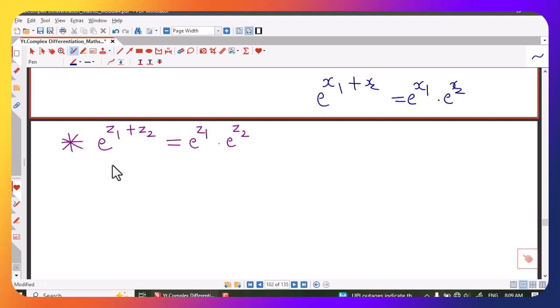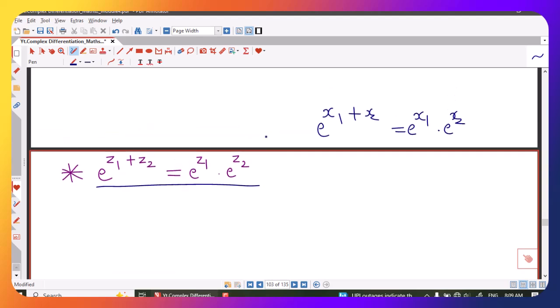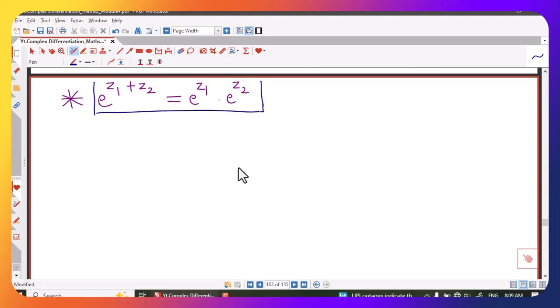So in complex analysis also a similar property holds, that is complex exponential function also satisfies the property similar to real exponential function. So we try to prove this property: e raised to z1 plus z2 is equal to e raised to z1 times e raised to z2.